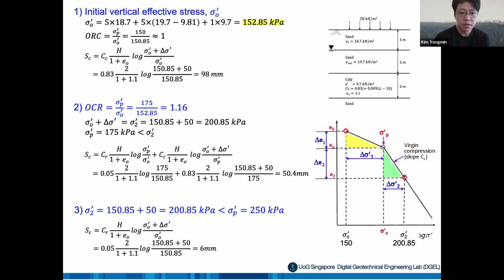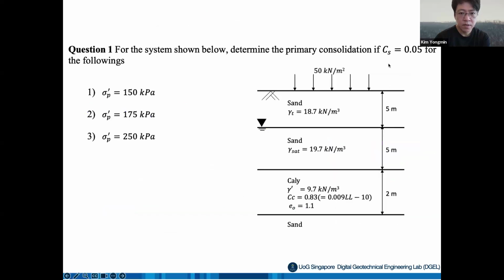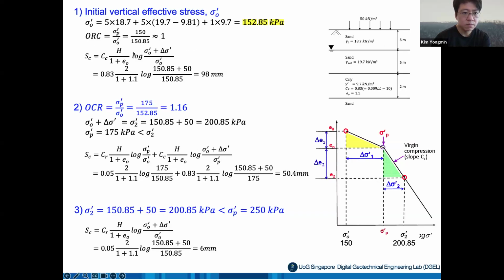Cc is given. Sorry. Here, Cc is here. Then your height is 2 meters, your clay layer total, over 1 plus your initial void ratio 1.1.